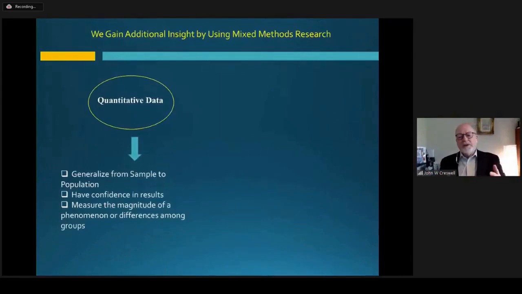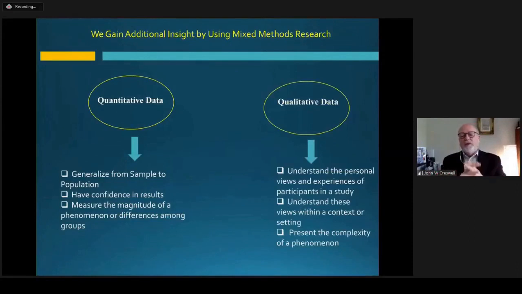You know, when we do a study and we collect both quantitative and qualitative data, from the quantitative data, we get important results. We can generalize to the population, come up with confidence intervals, measure the magnitude of the differences among the variables or among the groups. When we do a qualitative study, we come up with very important results too.